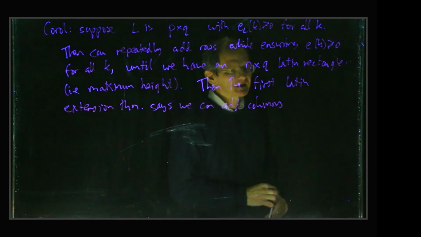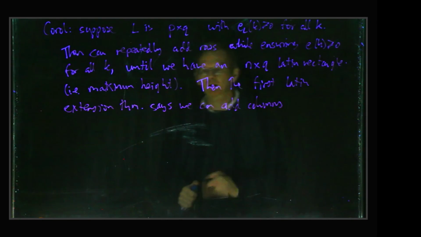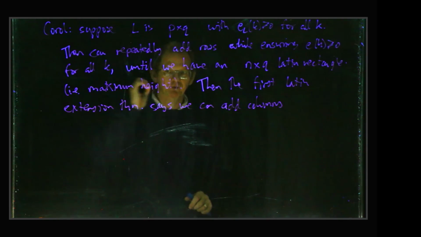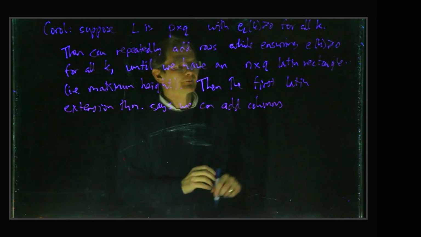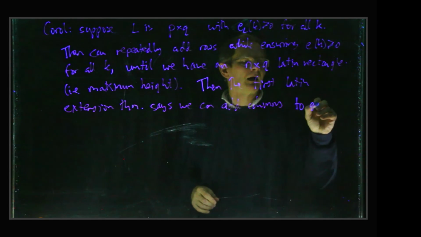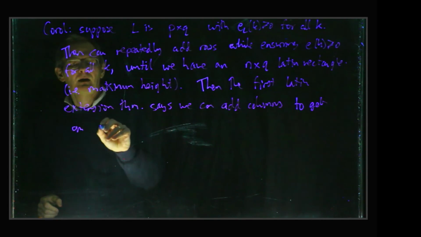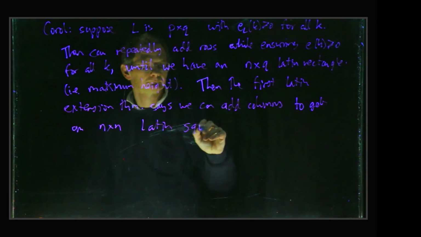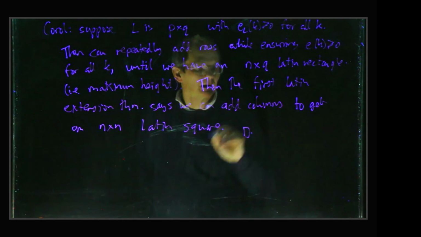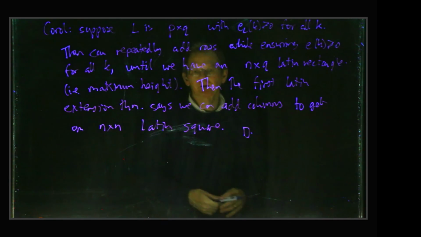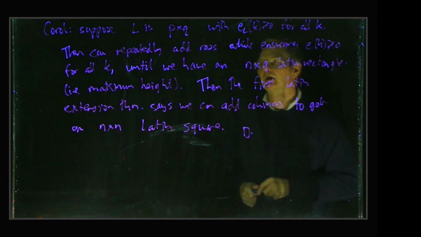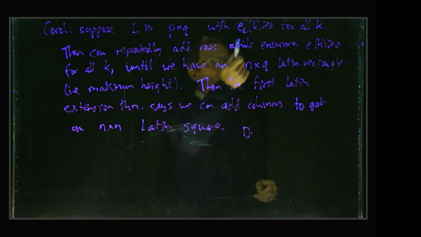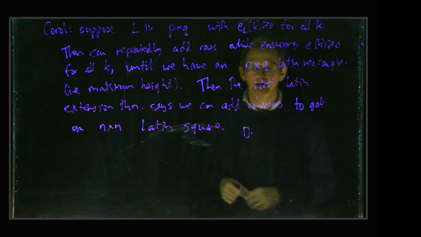But by essentially exactly the same argument, or just by transposing your Latin squares backwards and forwards, it works equally well that if you've got something of maximum height, then you can add columns to get an n by n Latin square. And so that was the hard direction of the second Latin extension theorem. If you've got a Latin rectangle of any size in which the excesses are all non-negative, then it can be extended to a Latin square.